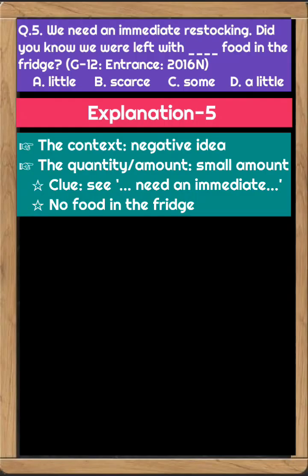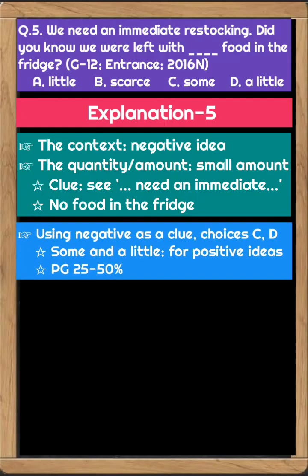So using this negative idea as a clue, choices C and D must be eliminated because they do not go with the given context. For example, some and a little are used for a positive idea. They are not used for a negative idea. As a result, your probability of getting it right increases from 25% to 50%.